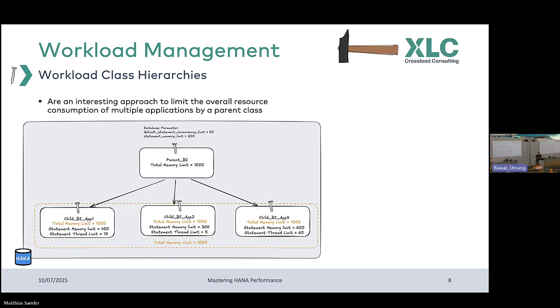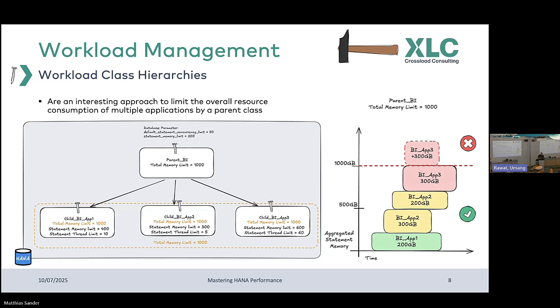So what happens if you come to a situation like this? You see the first BI application is using 200 gigabytes now. BI app 2 has 2 instances running with 200 and 300 gigabytes. And BI application 3, in theory, would be able to use 600 gigabytes. But if you sum it up, you come to this 1 terabyte limit, and the parent workload class triggers.